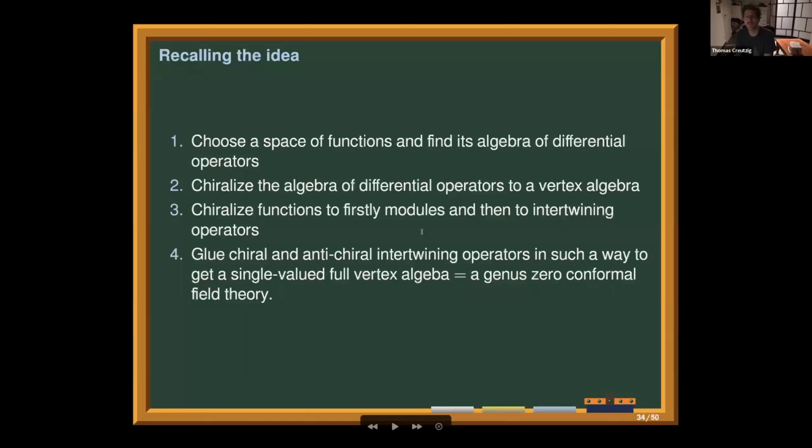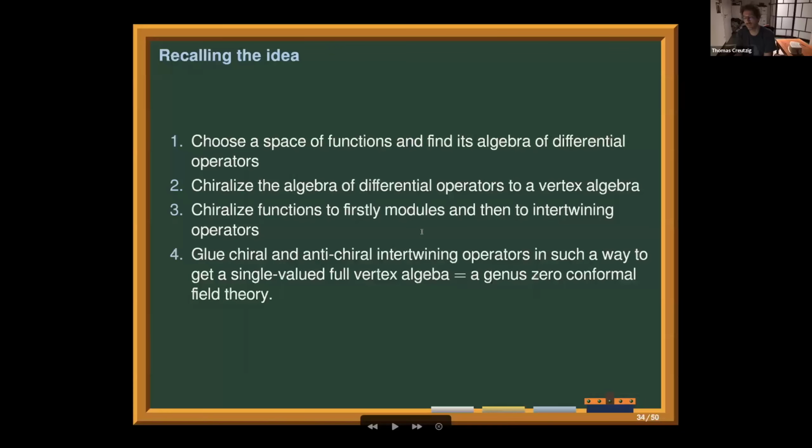And then the problem that arose is that the operator product algebra was not single valued. And the way to fix it is to glue chiral and antichiral parts in such a way that everything becomes single valued. And that is something we wanted anyway, because you know from your course that a conformal field theory has a symmetry algebra that acts via chiral fields and also via antichiral fields.